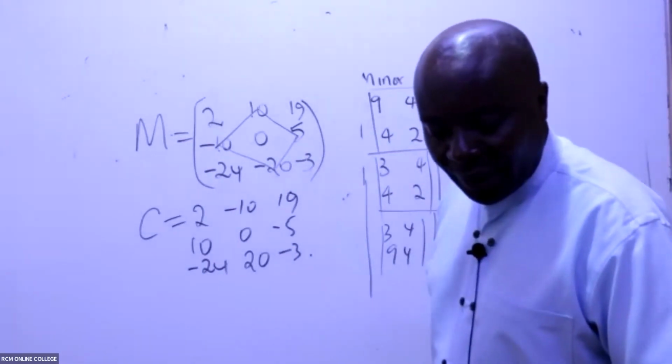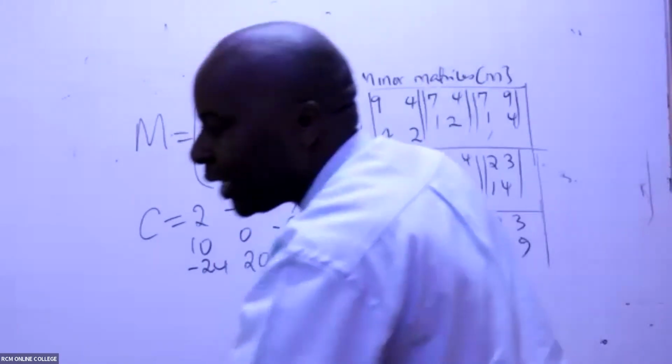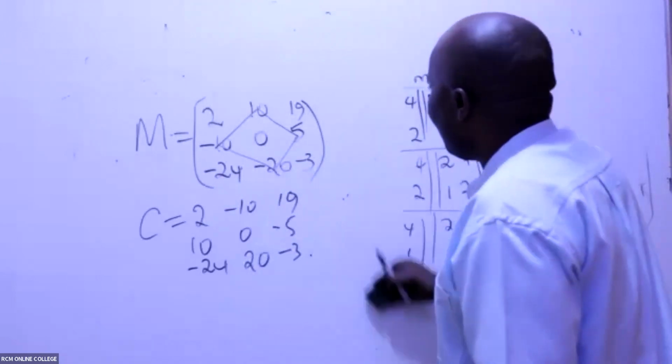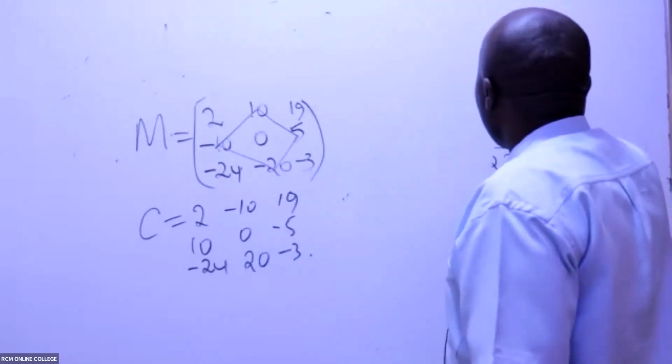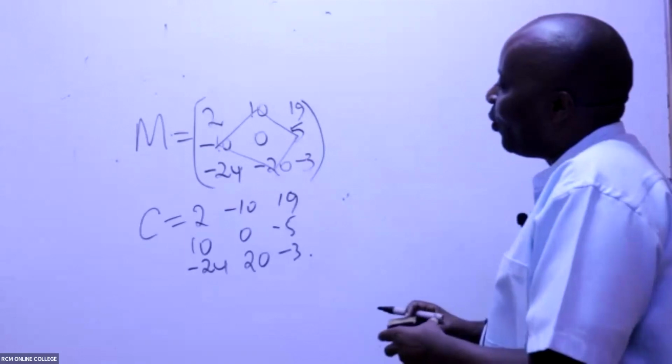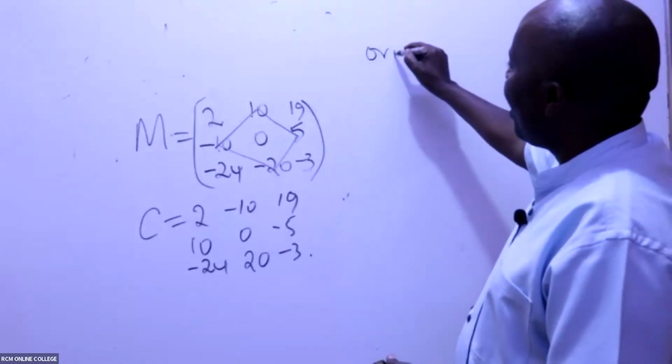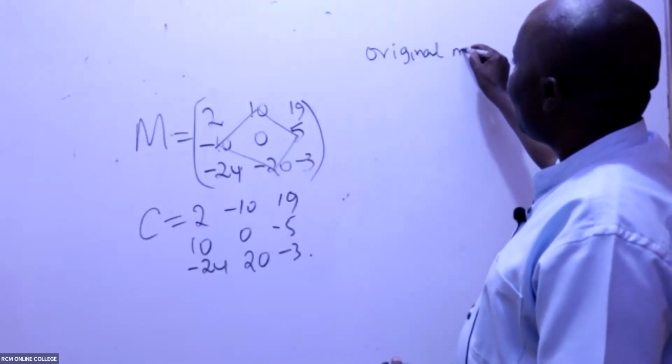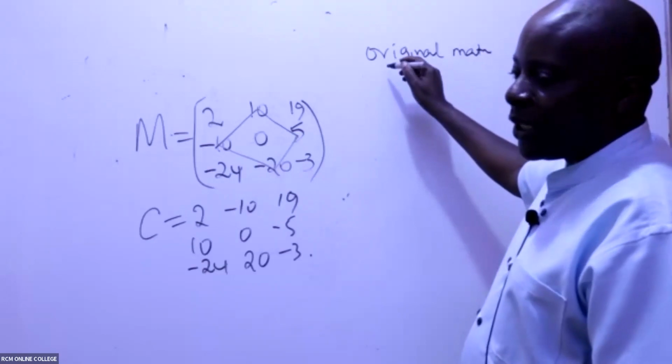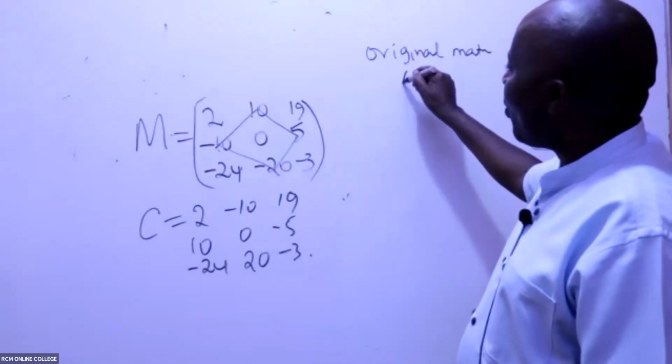Now, ladies and gentlemen, after getting this, the next, remember you had gotten, is there somebody who can remind me of our original matrix? Remind me of the first row. What was the first row, the one of A, B, C?